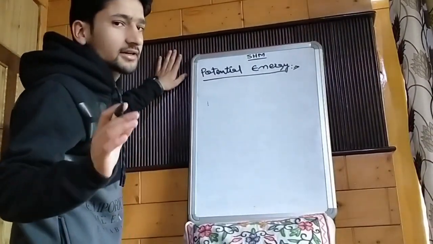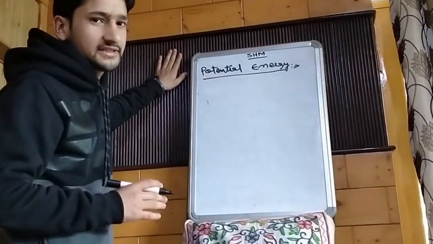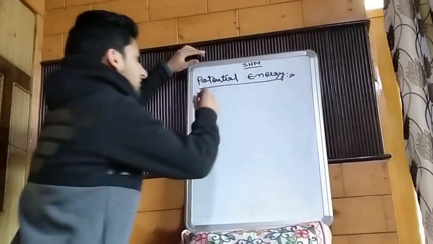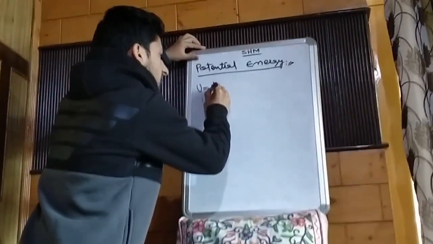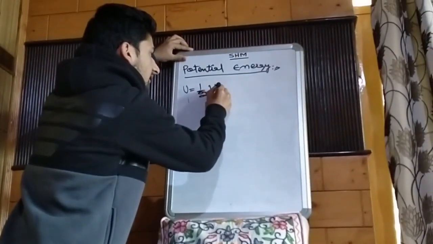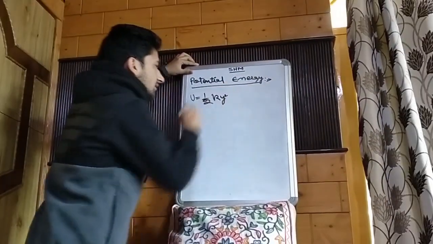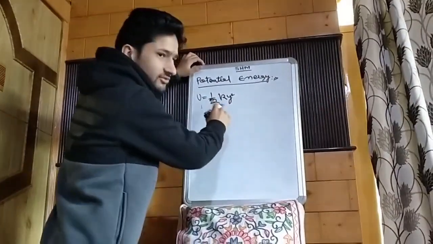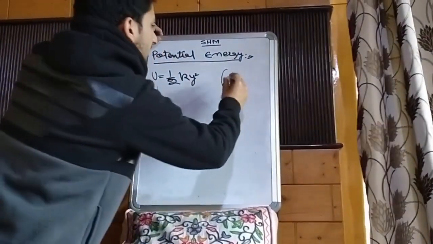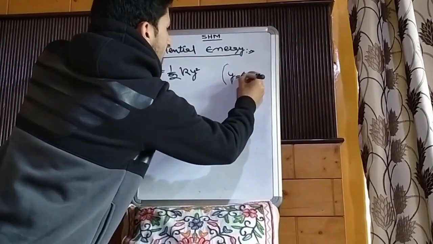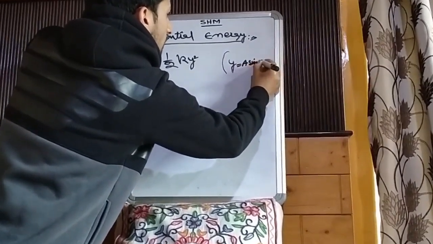Now let's calculate the value of potential energy in terms of harmonic functions. As we know, potential energy is equal to 1 half of ky square. We can replace y using the equation we discussed earlier, y equal to a sine of omega t.